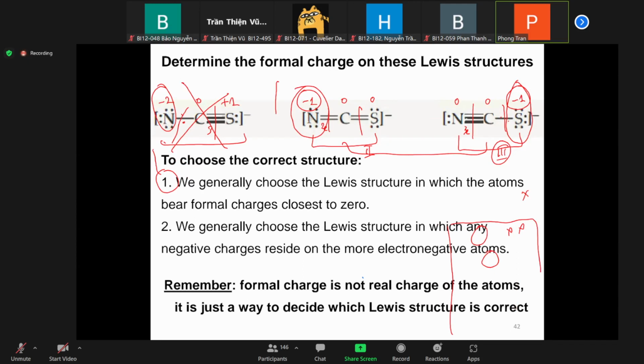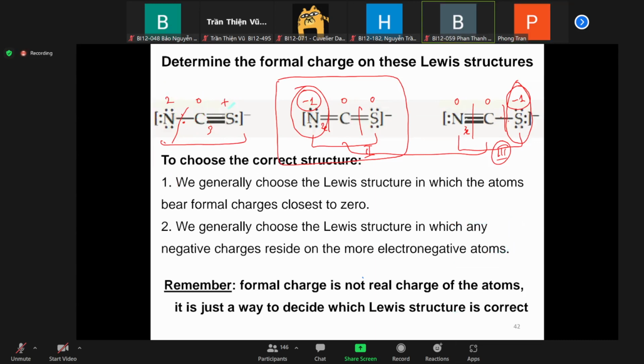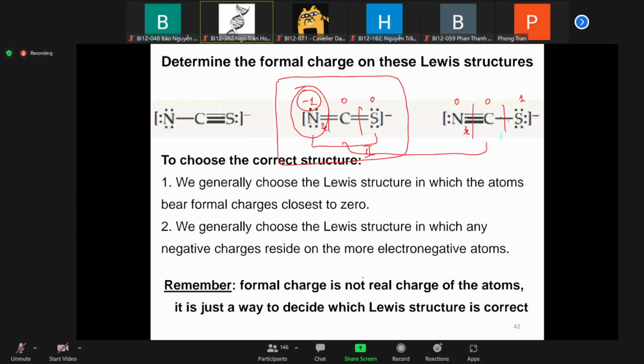So the correct answer would be the second structure. Is it clear? Yes. More or less. Okay.